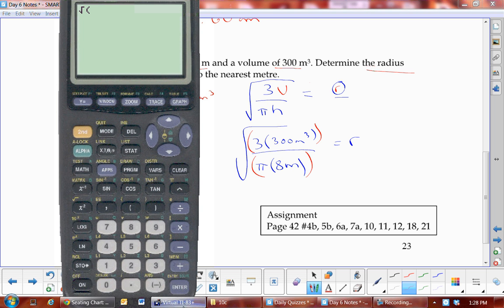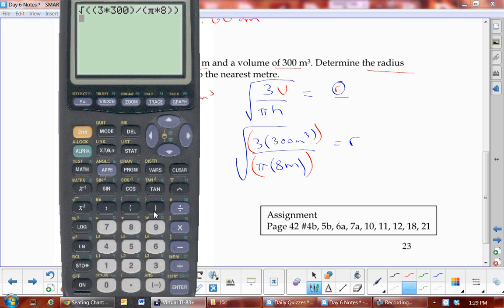So I'm going to actually open another bracket, and I'm going to go 3 times 300, close that bracket, divided by, open another bracket, because I got to keep them together, pi times 8. Now I shut the bracket for the stuff on the bottom and one more bracket for everything under the square root sign.